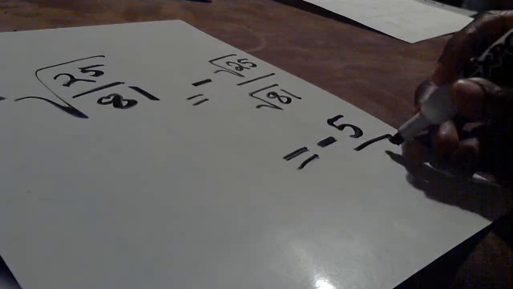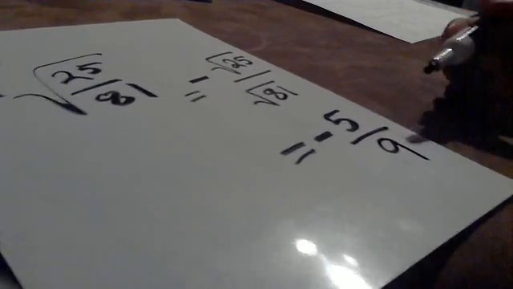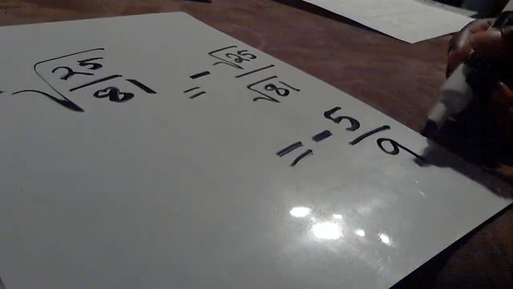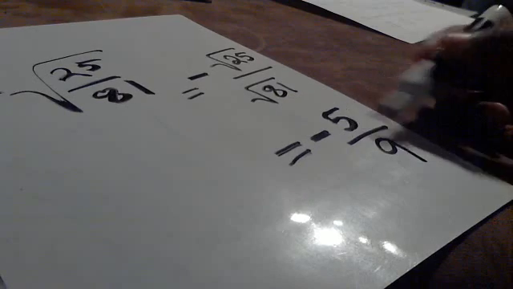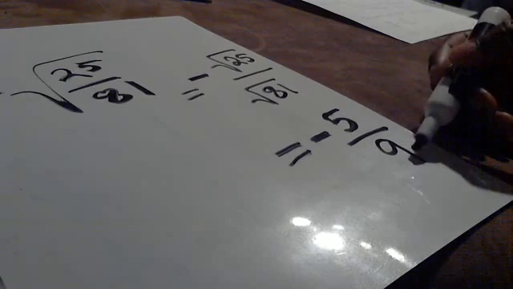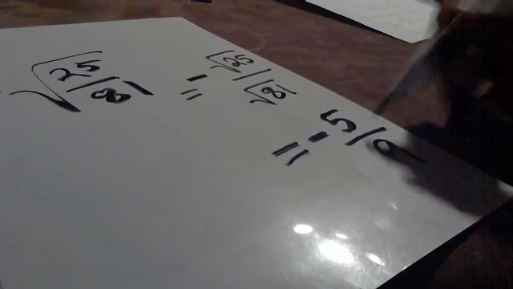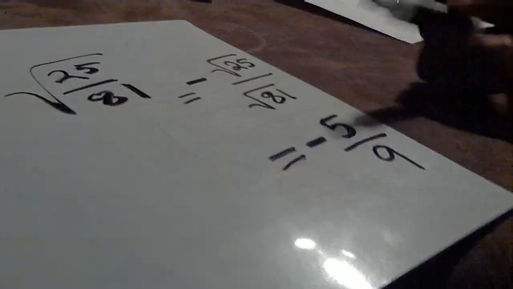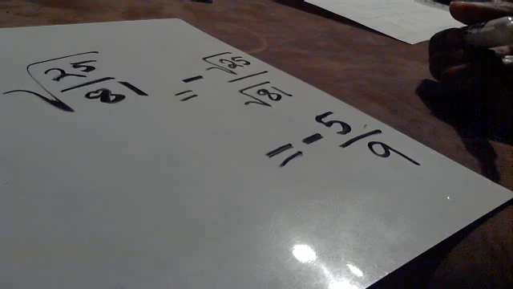That number would be 9. 9 times 9 is equal to 81. And this is what we have, -5/9. The last check is to see if we could reduce, that is, if there's a common factor between the numerator and the denominator we could divide out. There isn't any, so this is it. This is what the opposite of the square root of 25/81 is at the end of the day, -5/9.